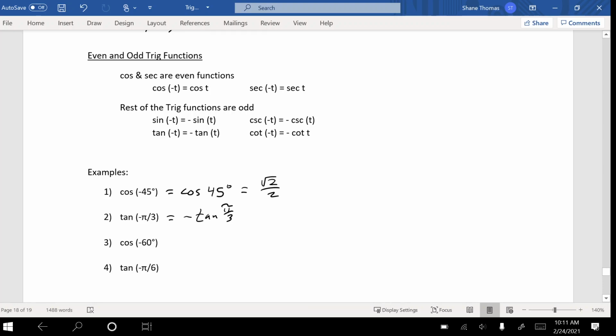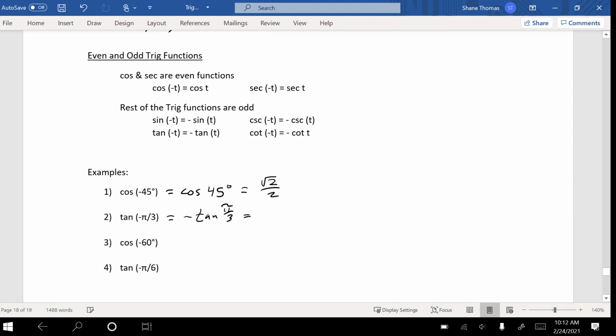What is the tangent of pi over 3 using your unit circle?